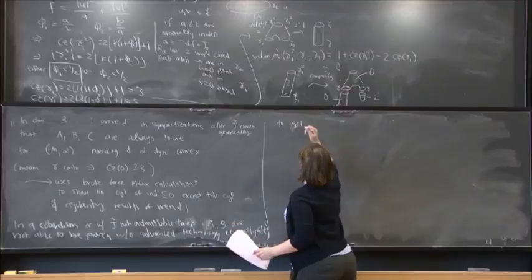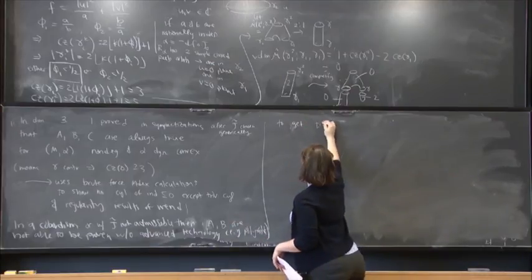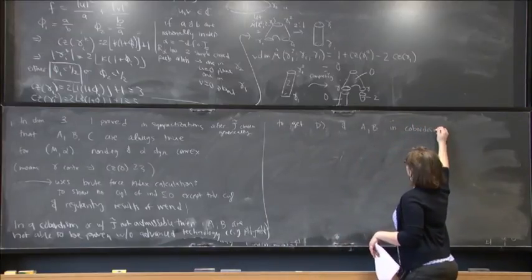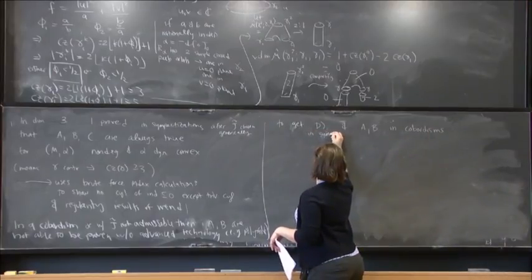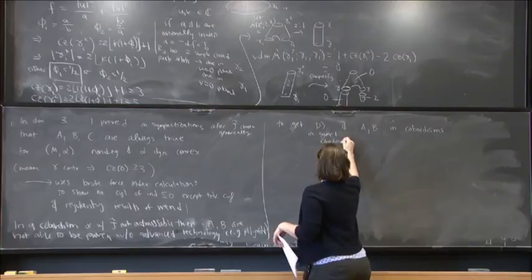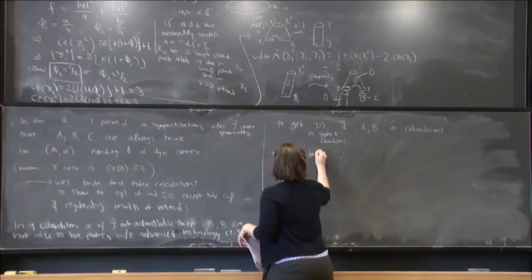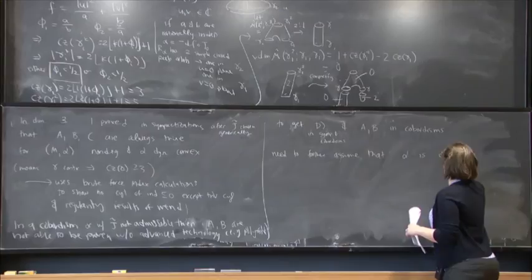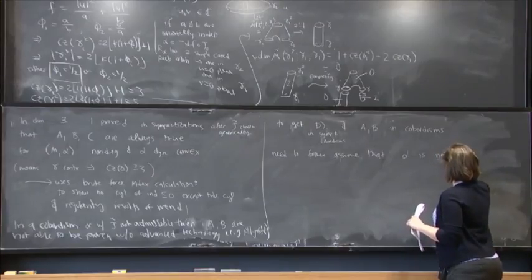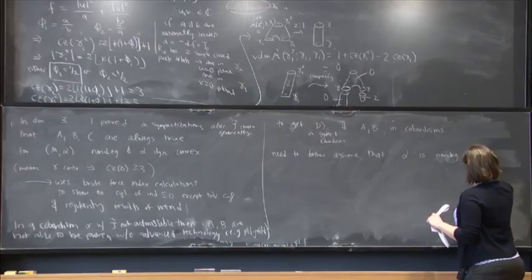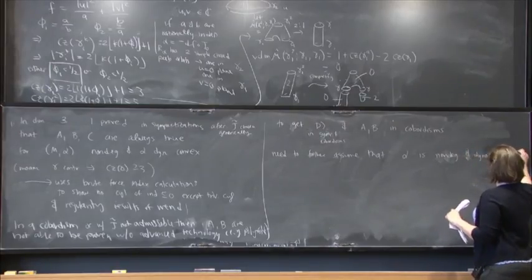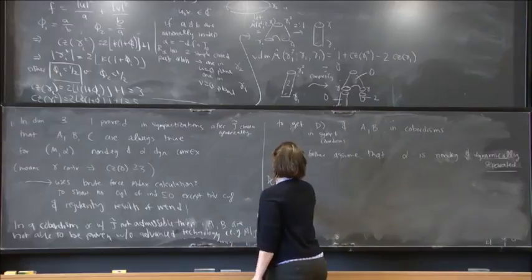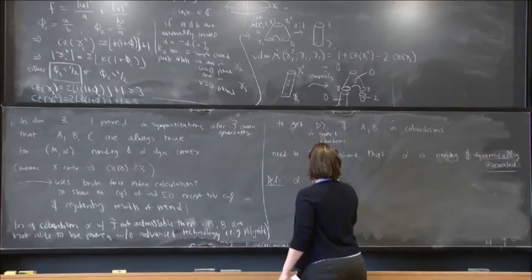Okay, and then to get D and A and B in cobordisms, and D will be in symplectizations and cobordisms, you need to further assume that alpha is dynamically separated, so I called them dynamically separated.